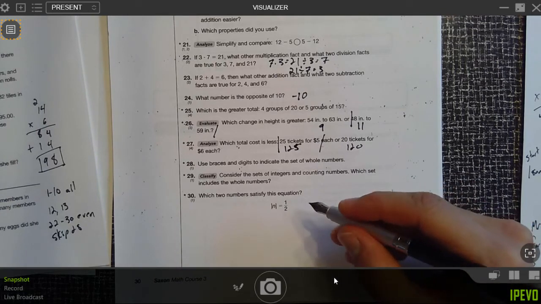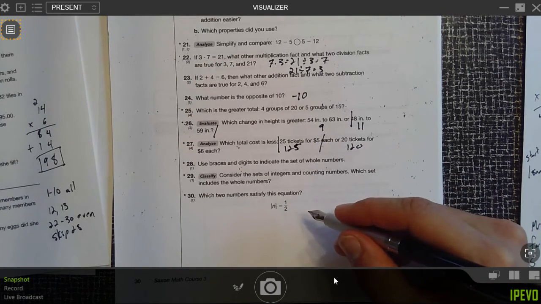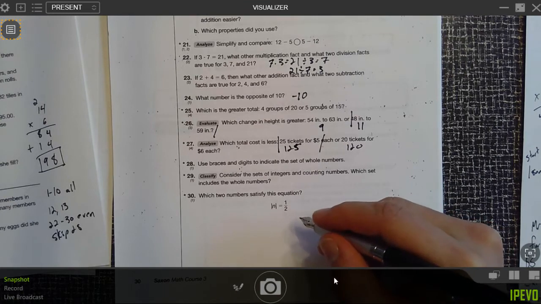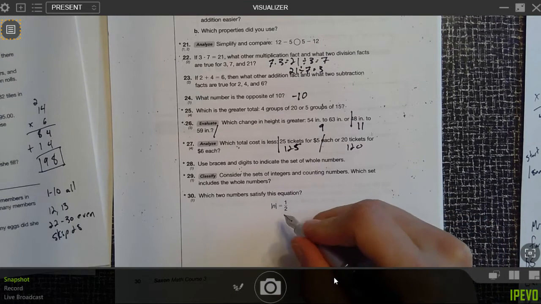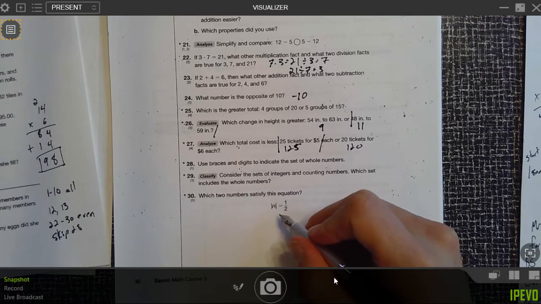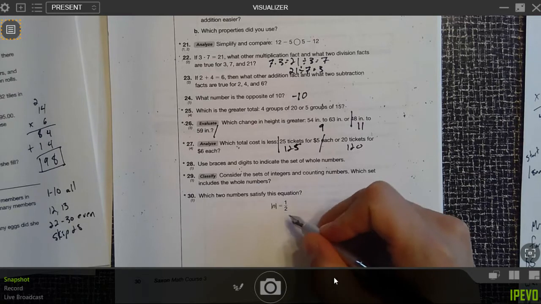Which two numbers satisfy this equation? So this would be the absolute value of n. This is actually a much more difficult question, I think, than maybe you've seen before. The absolute value of n equals 1/2. Okay.